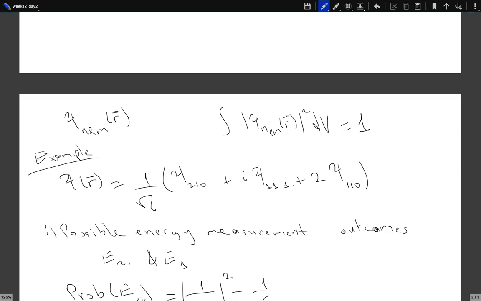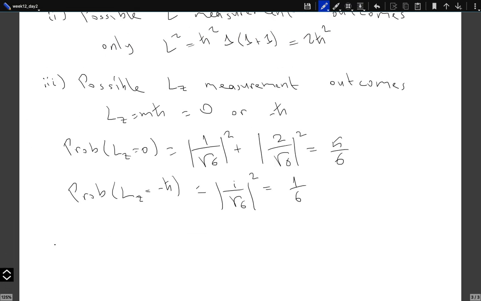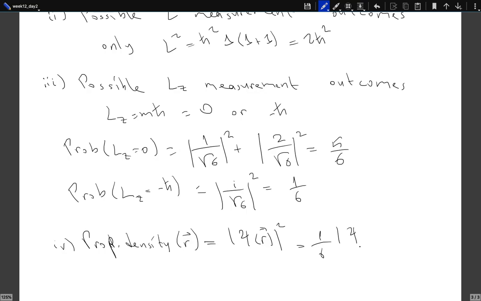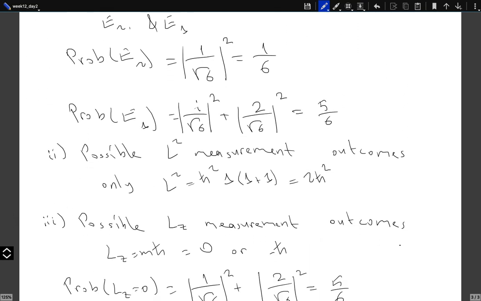And in fact, if you would calculate the probability of the particle to be at the point r, the probability density, this is actually the absolute square of psi of r: 1 over 6, psi 2,1,0 minus 1 plus i psi 2,1,1 and so on, with the terms ψ210 and ψ21-1.